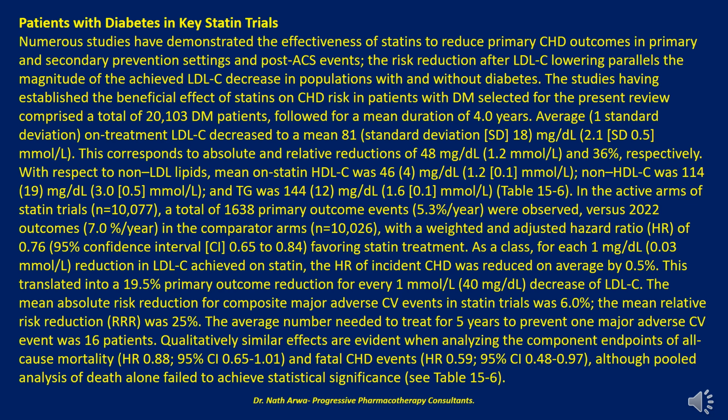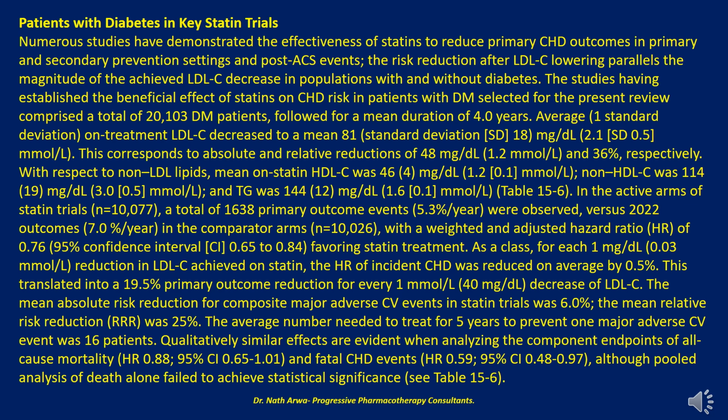This translated into a 19.5% primary outcome reduction for every 1 millimole per liter, that is 40 milligrams per deciliter, decrease of LDL-C. The mean absolute risk reduction for composite major adverse cardiovascular events in statin trials was 6%. The mean relative risk reduction was 25%.